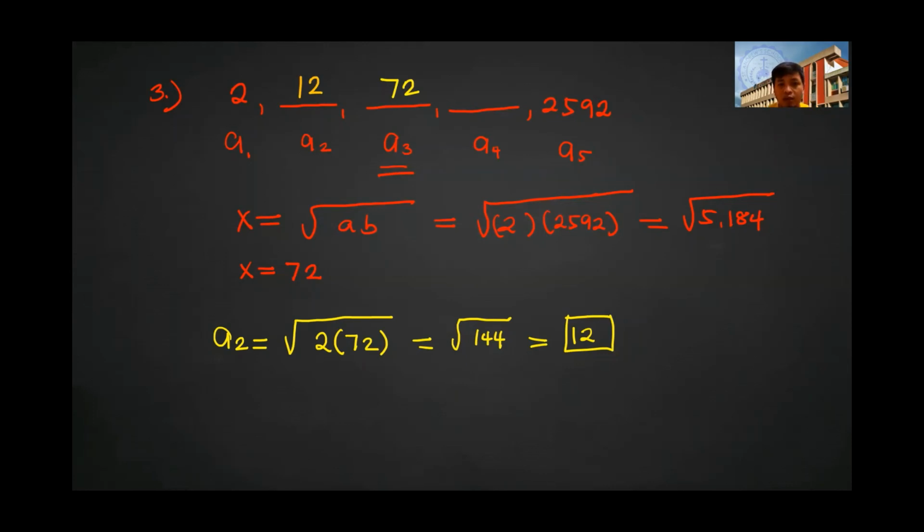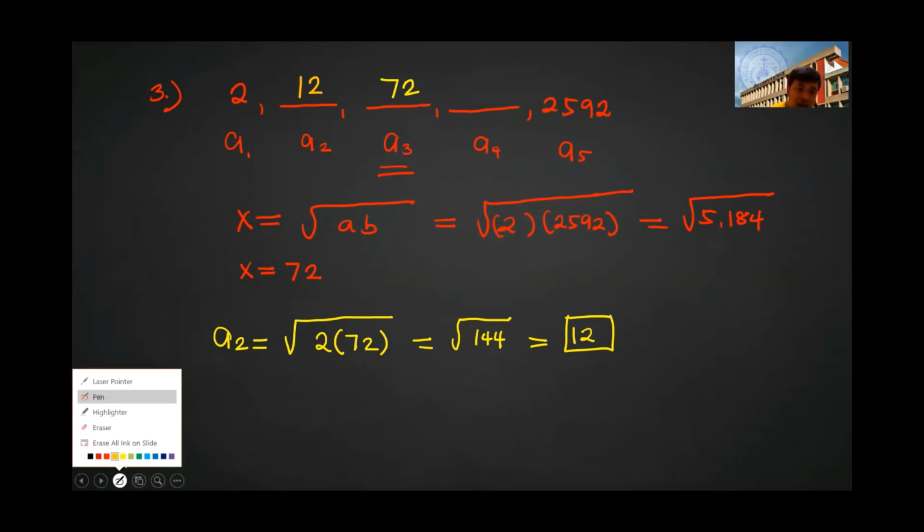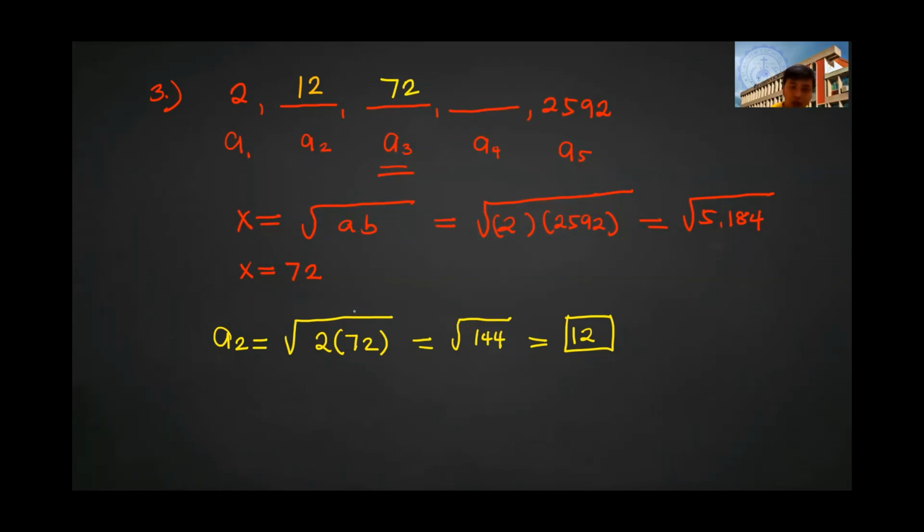Now, sir, how about a sub 4? Of course, a sub 4 is just the geometric mean of a sub 3 and a sub 5. So we will just multiply 72 times 2,592 and take the square root of that. So a sub 4 will be the product of 72 and 2,592, and then we take the root.